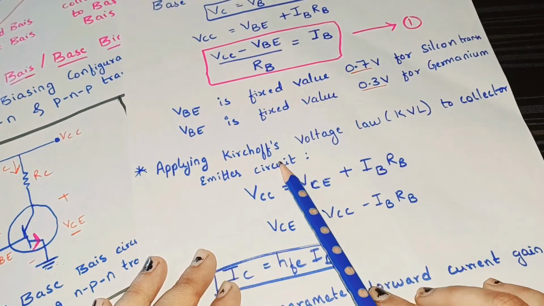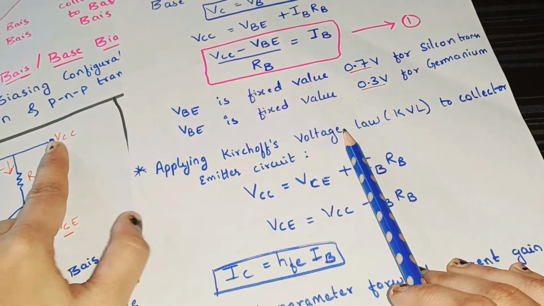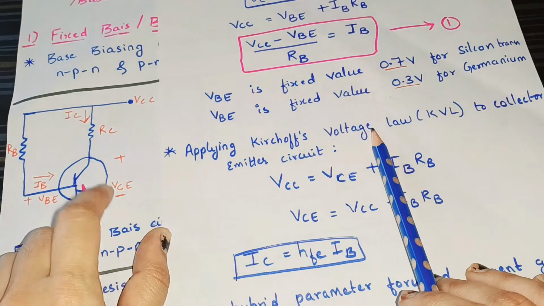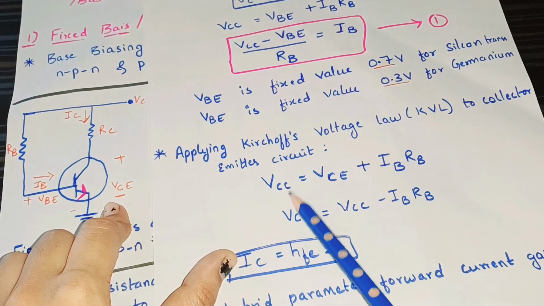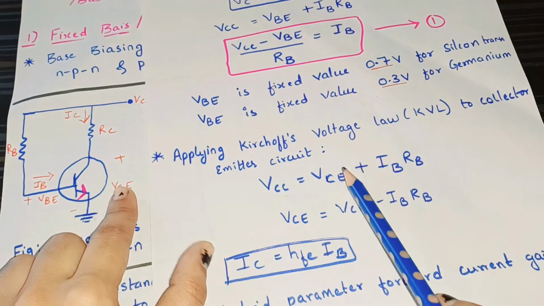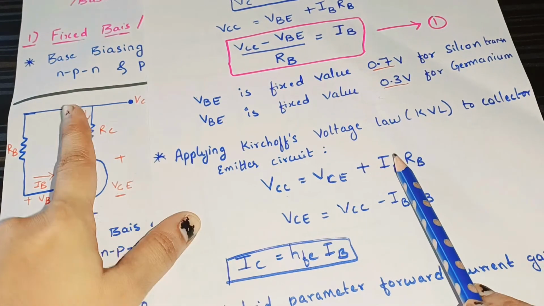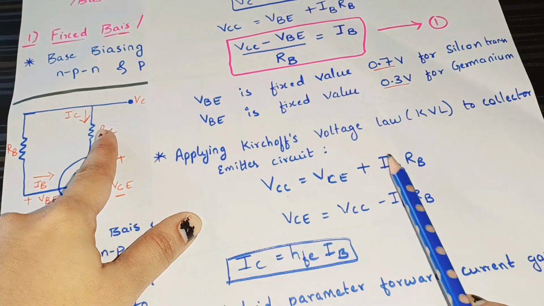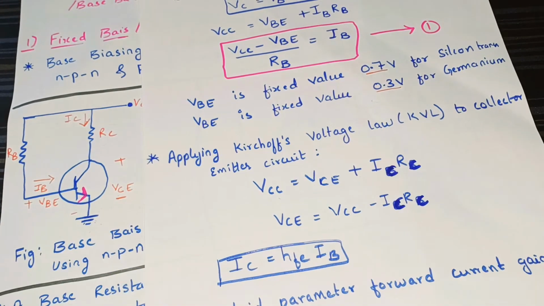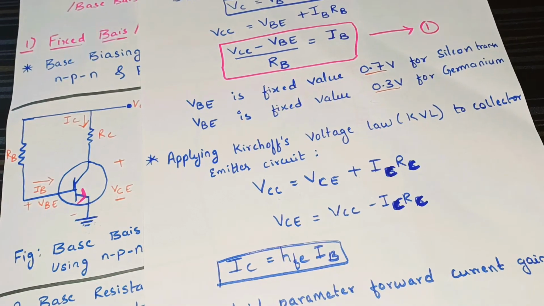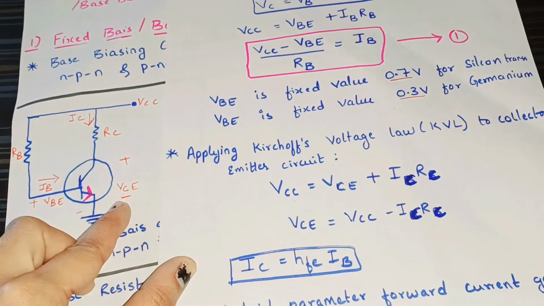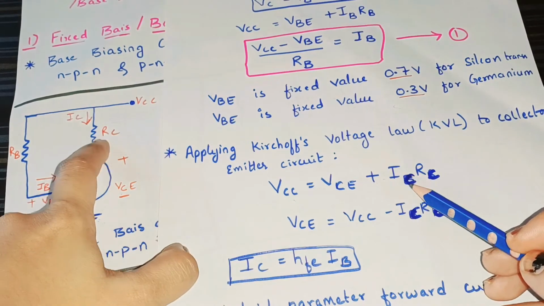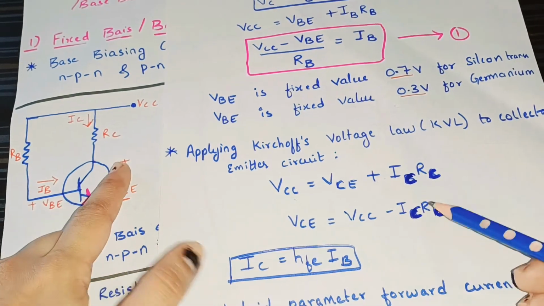Similarly, we apply the KVL law from VCC to VCE in this circuit. So we get VCC is equal to VCE plus IC into RC, that is, VCE plus the current flowing through the collector and the resistor across the collector.